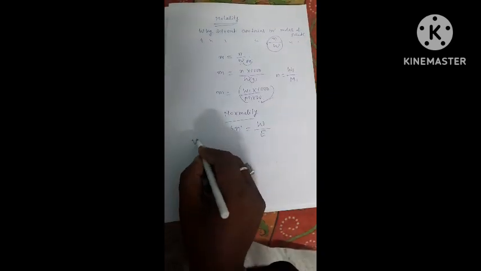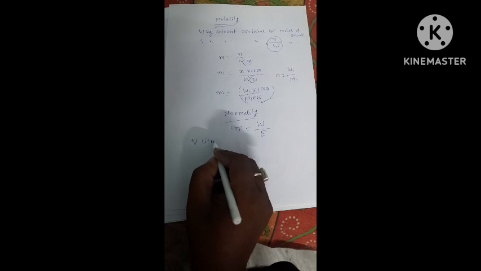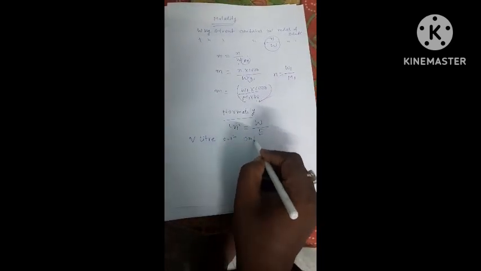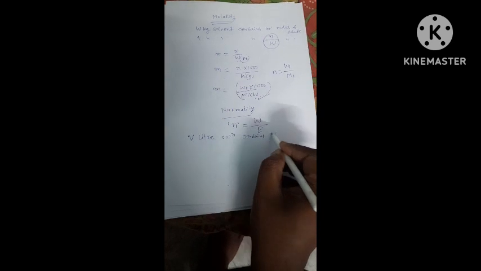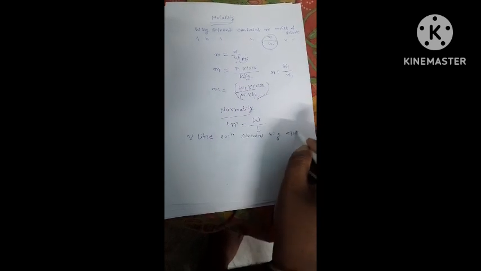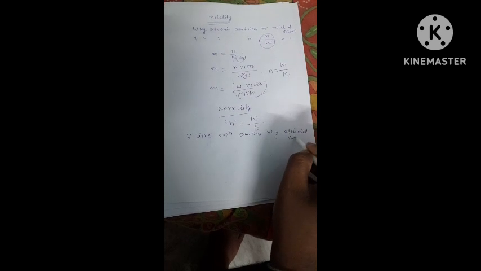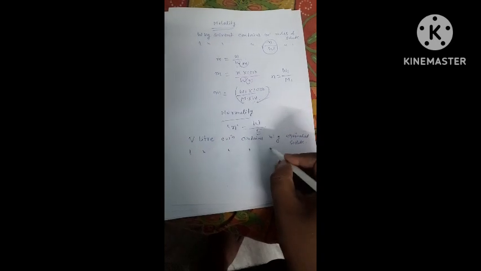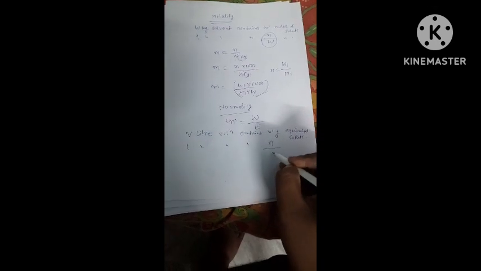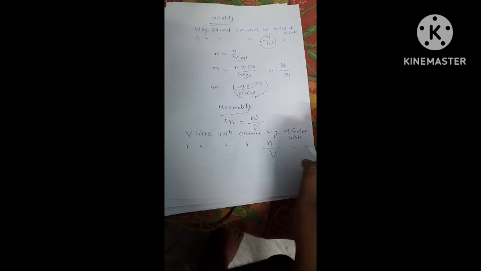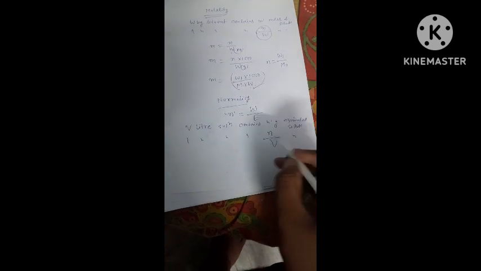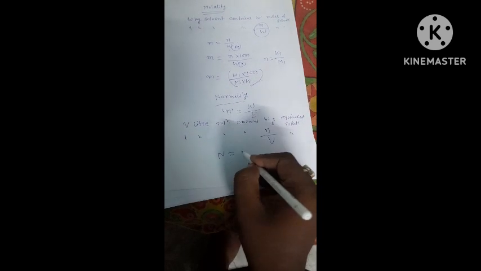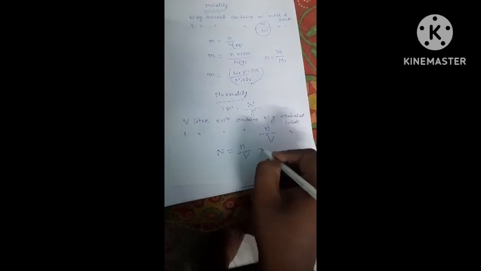Let us take that I have a solution whose volume is V liter, and this V liter solution contains n gram equivalents of solute. Then 1 liter solution will contain how much? n by V gram equivalents of the solute. So by definition this is normality, denoted by capital N. Capital N equals n by V.